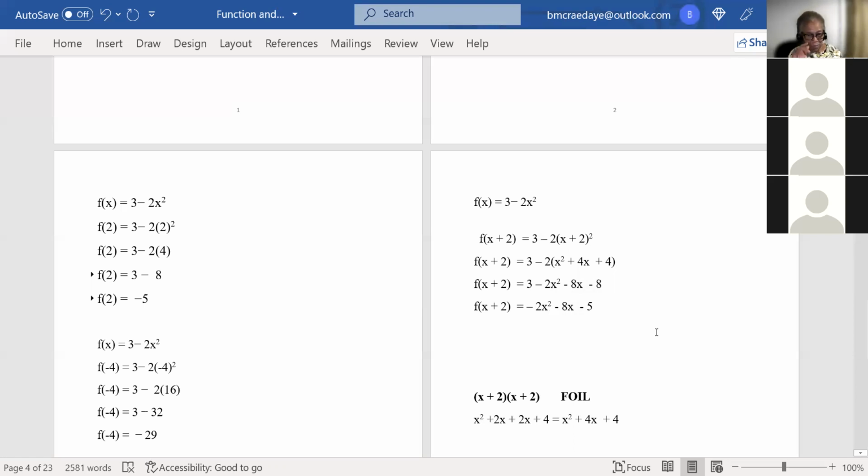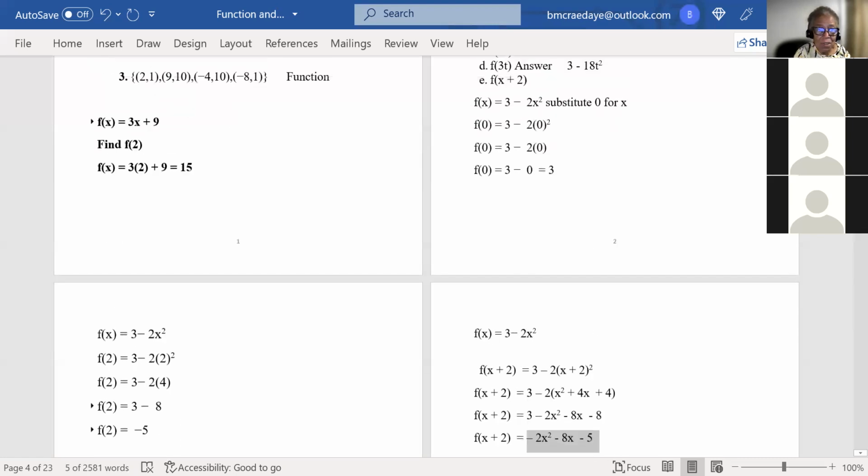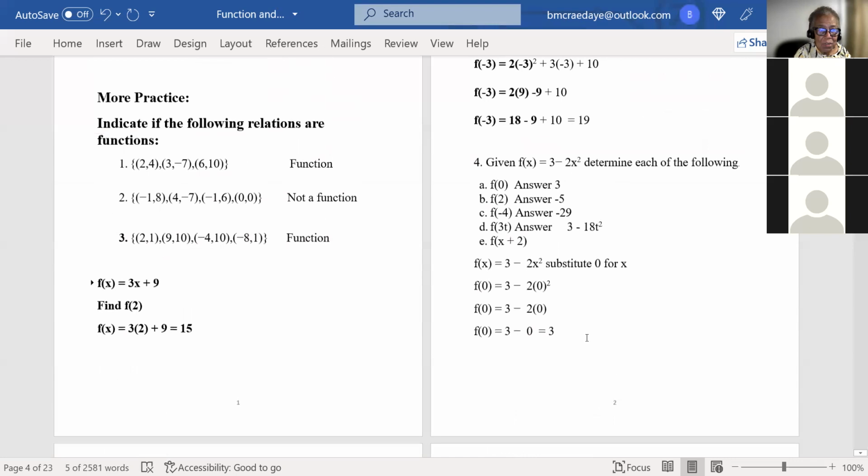So that's the answer to f of x plus 2. So let's just put that answer there.